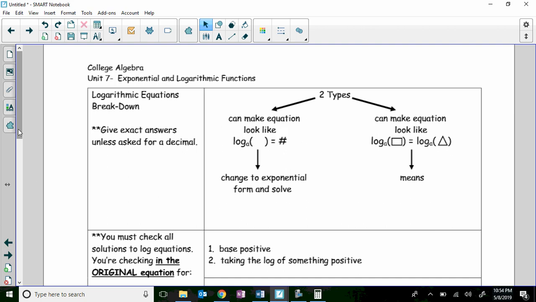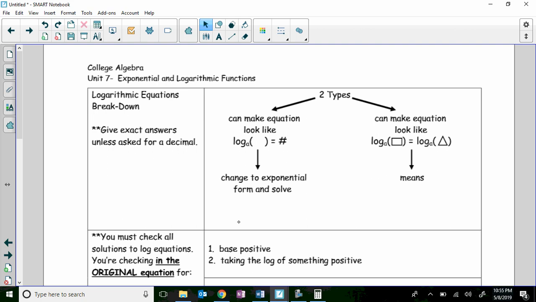Okay, so switching gears here for a minute into logarithmic equations, it's going to be really similar as far as your thought processes here, being able to switch to exponential form when you need to.